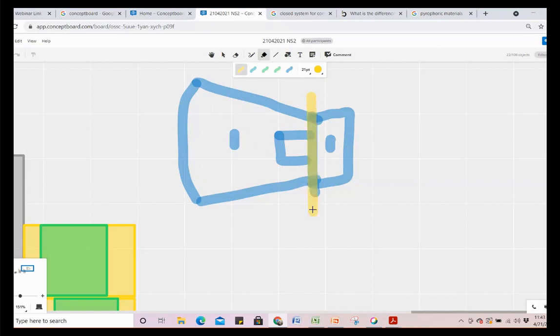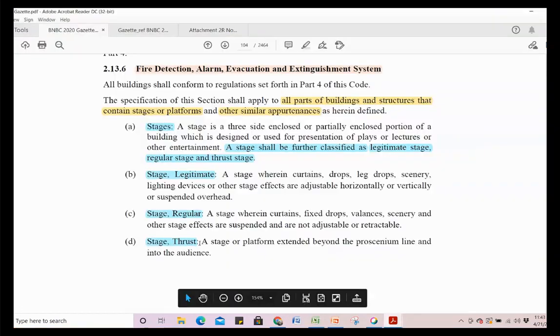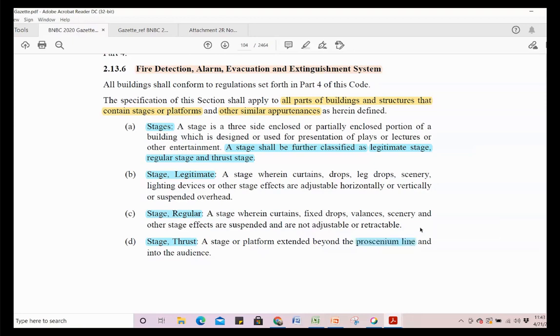So the proscenium line is here somewhere, the overhead defining area of the stage. So when the stage crosses this line, it is called a thrust stage. A stage or platform extended beyond the proscenium line, that is the definition of the thrust stage, and into the audience. So it comes to the audience, very close to the audience.